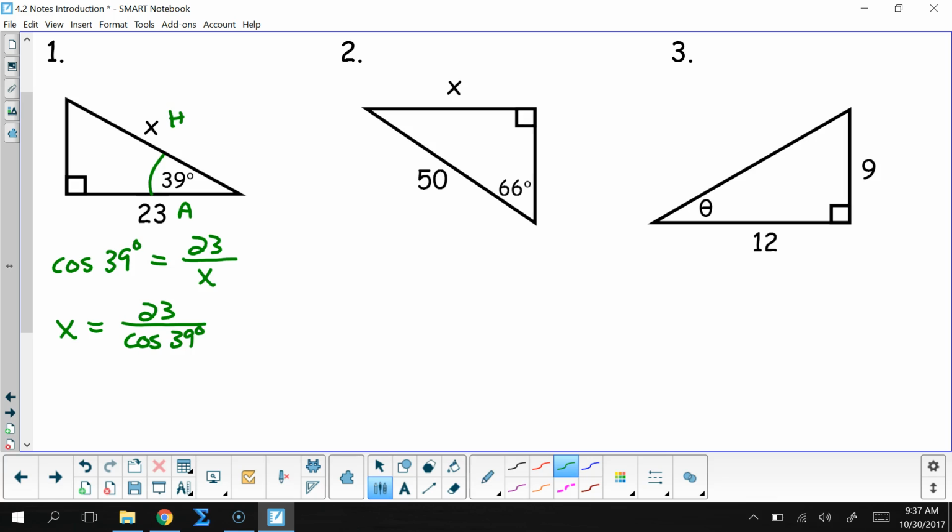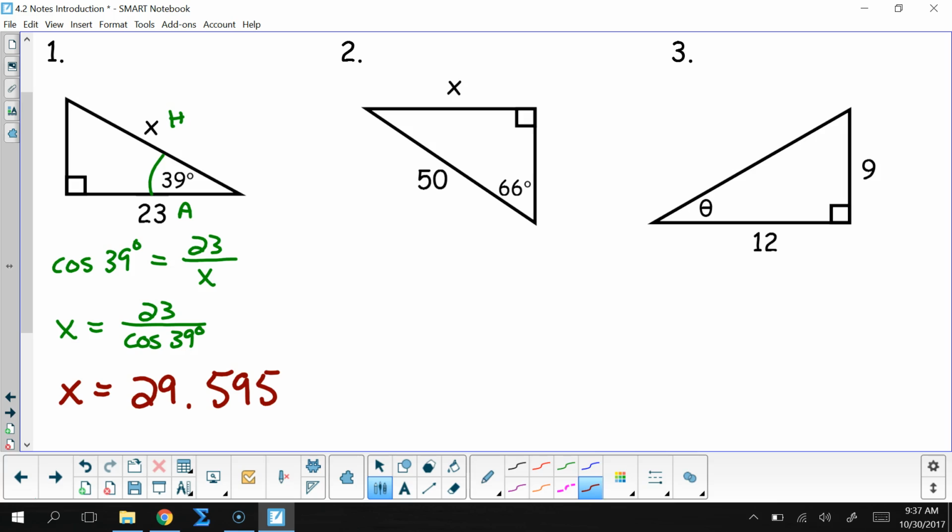So 23 divided by the cosine of 39 gets me x here is equal to 29 point, let's go 595. Agree with that?